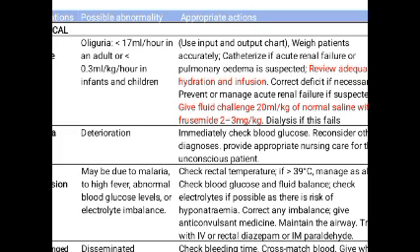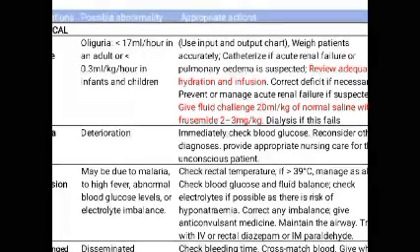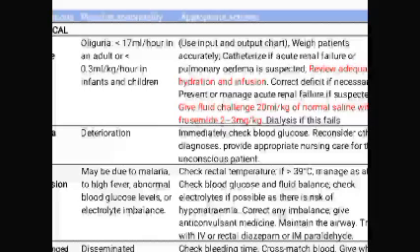Clinical observation, 6. Convulsion. Possible abnormality may be due to malaria, to high fever, abnormal blood glucose level, or electrolyte imbalance. Appropriate actions: check the rectal temperature; if greater than 39 degrees centigrade, manage as above.